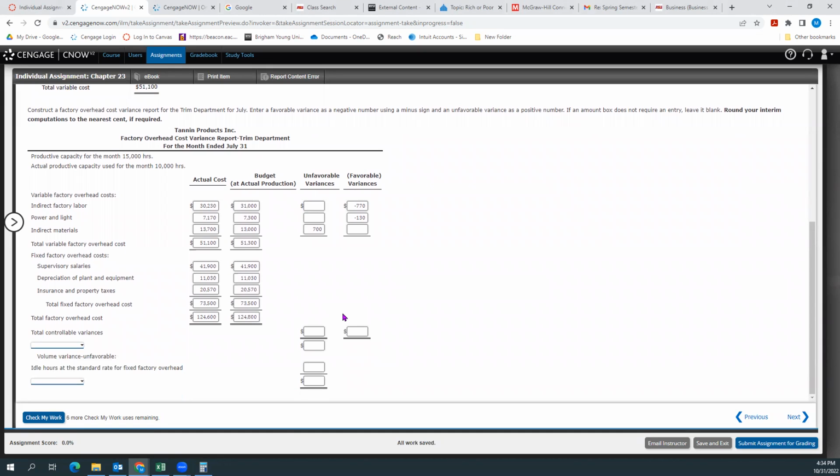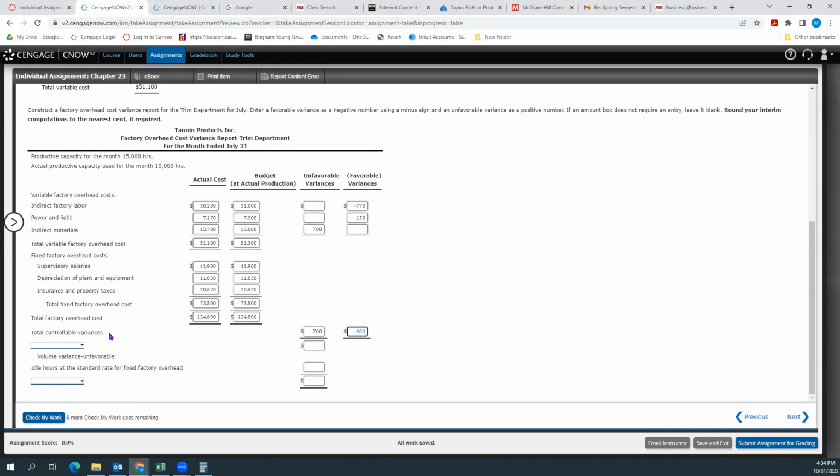All right. So our total controllable variances were 700 unfavorable and negative, what is that? 770 plus 130, 900 unfavorable. And so then we'll have our volume variance.